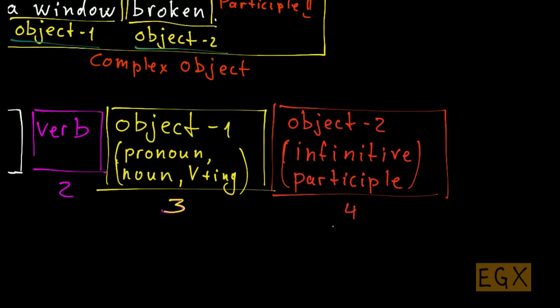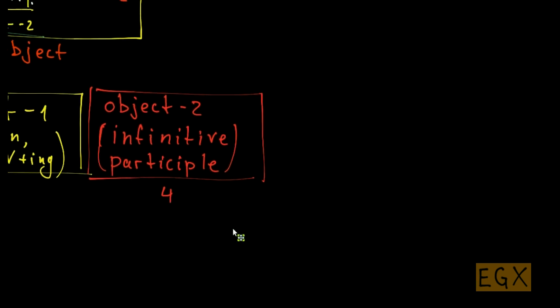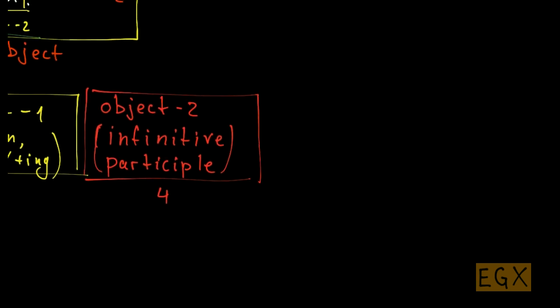And of course, I can have some other words after my objects. I will put it like this. Other words. As a rule, they depend on the object number 2.